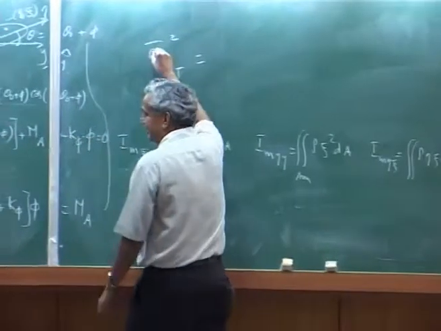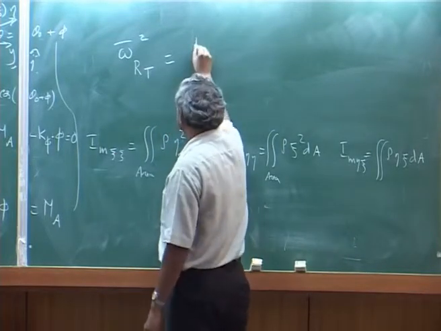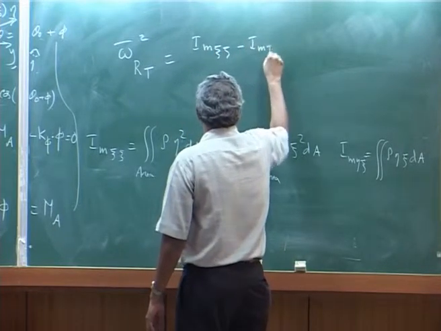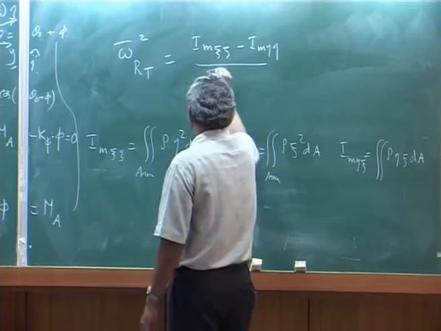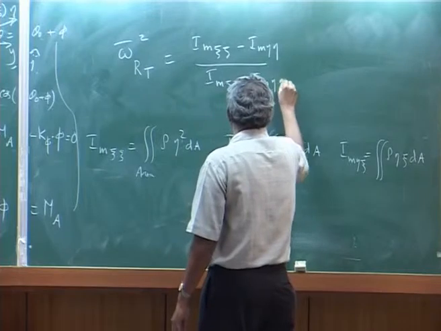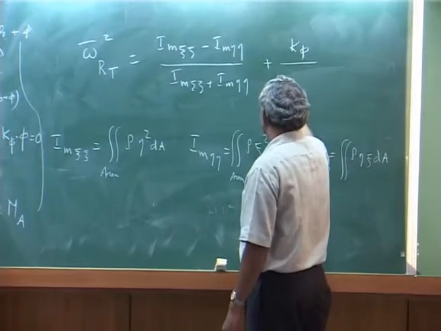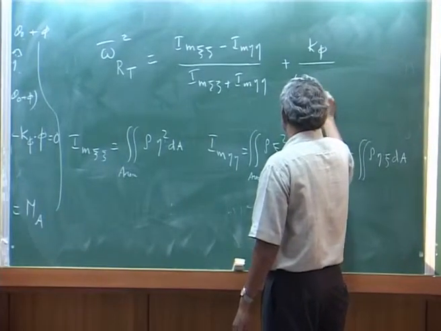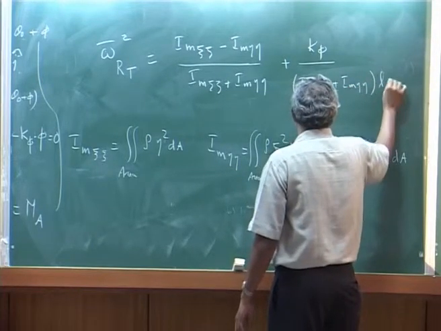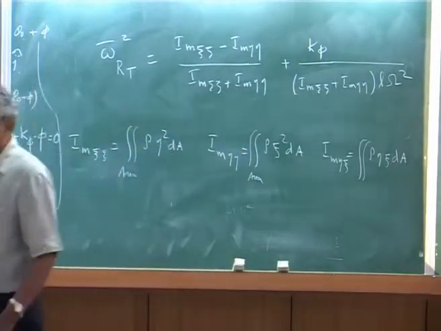So, you put a non-dimensional, then L omega square will cancel out. You will have I m psi psi minus I m eta eta over I m psi psi plus I m eta eta, plus k phi over I m psi psi plus I m eta eta L omega square.